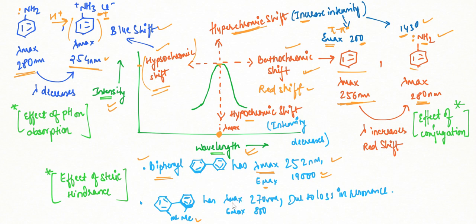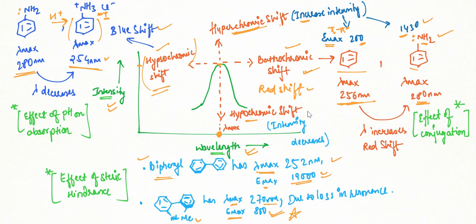Because of the complete destruction of the pi interaction, the absorptivity coefficient epsilon max has now become only 800. So the intensity has gone down from 19,000 to only 800. Guys, you can see the difference. The lambda max has also changed to 270 nanometer, however there is a huge drastic change in the intensity because of the twisting out of the plane. So that is called a hypochromic shift.